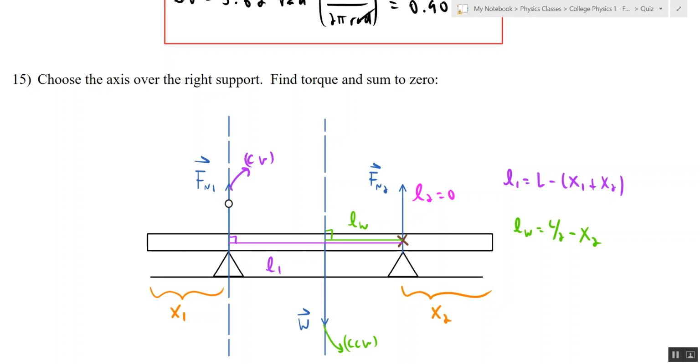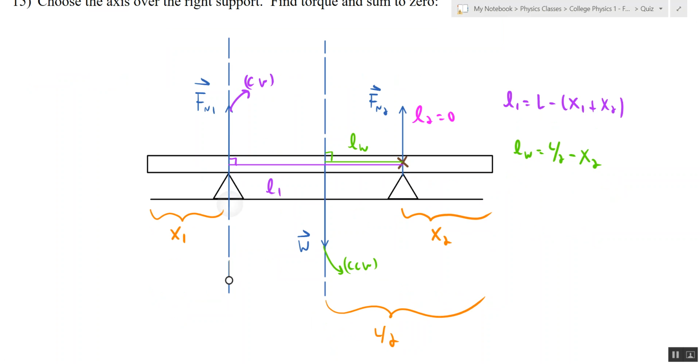So what I did here is I drew the line of action for F1. The moment arm goes from the axis, I drew it a little bit below the axis, but you get the idea, to the line of action here, perpendicular to it. So this is L1 from here to here. It's basically the distance between the supports.